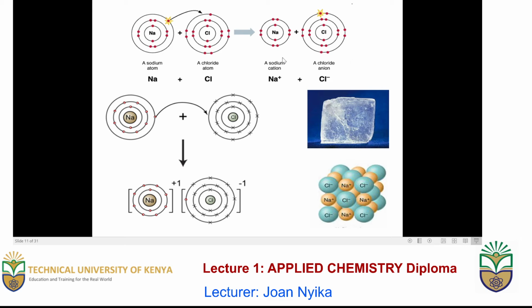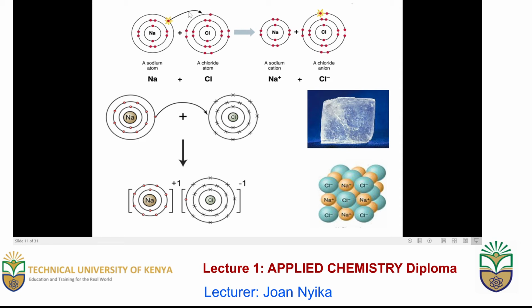Let us look at a case example of the formation of sodium chloride, or what we commonly refer to as salt. Sodium has 1 electron in the outermost shell, and chlorine has 7 in its outermost shell. Therefore, for a reaction to occur, sodium will be transformed into its ionic form by losing 1 of its electrons and transferring it to chlorine.